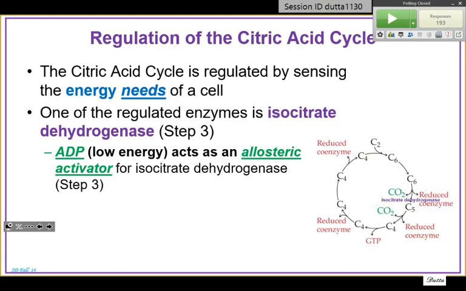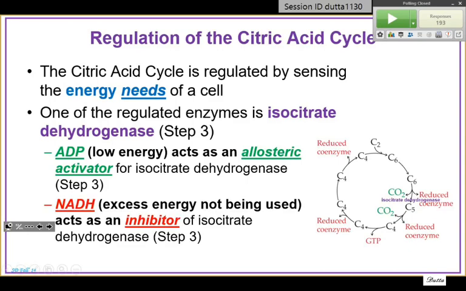So before that, you need more reduced coenzymes, NADH and FADH2. When you have too much energy, then you have too many NADH and FADH2, and they act like an inhibitor. That means they are going to slow down or stop this process, so the citric acid cycle slows down. So this must be controlled, and isocitrate dehydrogenase is responsible for controlling the rate of this reaction.